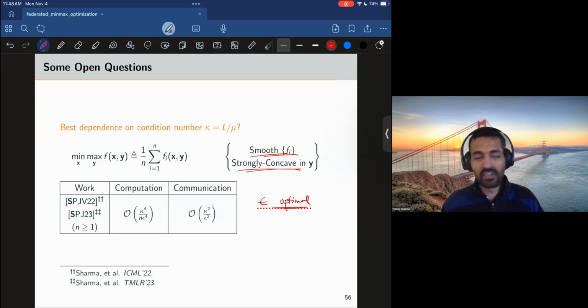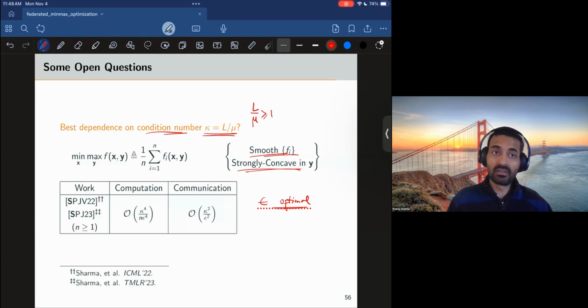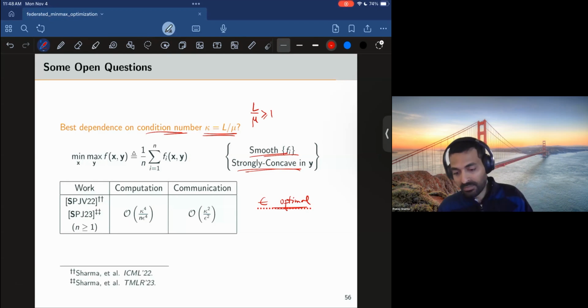But whenever we have strong convexity or strong concavity, there is another factor which appears in complexity, called the condition number. It is denoted by kappa, it is L over mu, and it is larger than 1. It can be very large for very skewed geometries, but it is always at least 1.